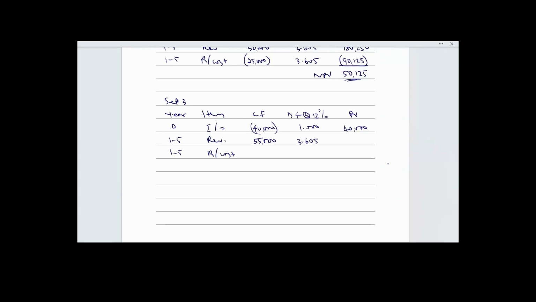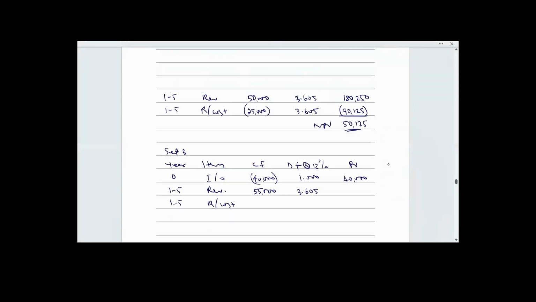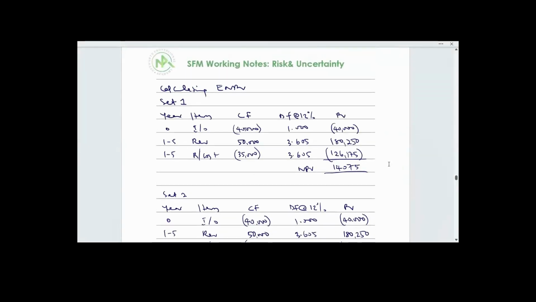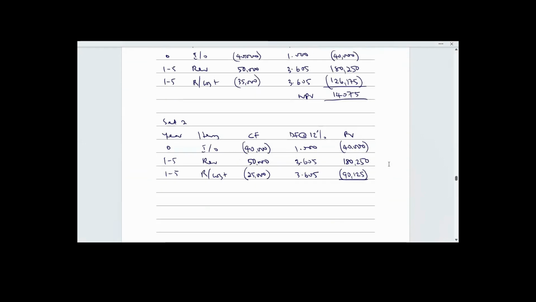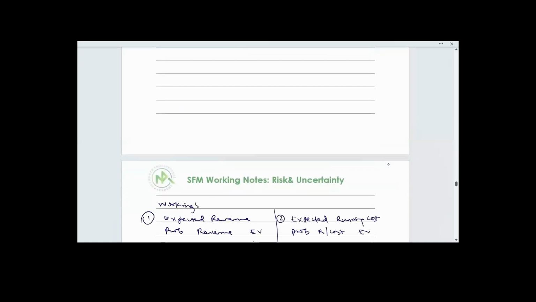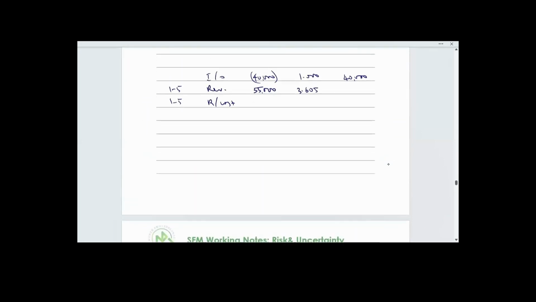Then for running costs, set 3, random number is 94. Where can I find 94? 94 is here, which is 35,000 naira. 35,000 times 3.605. Let's multiply.